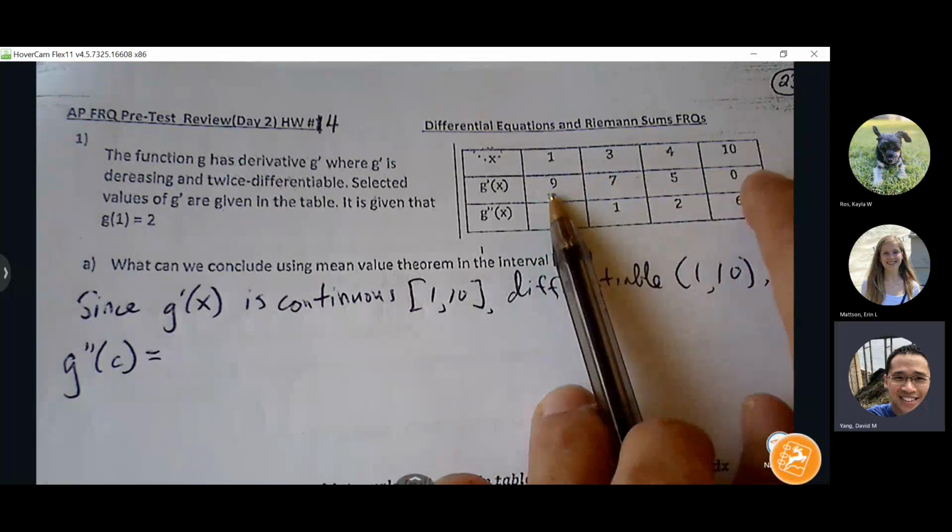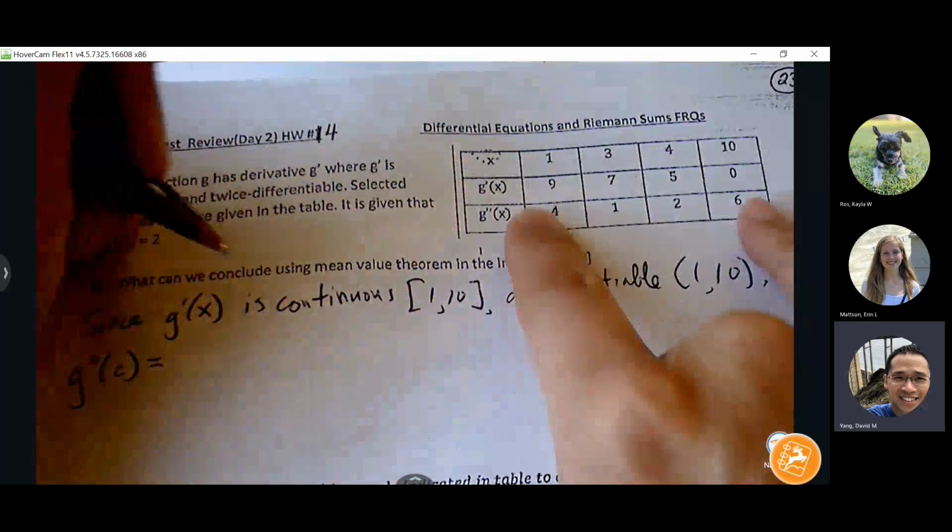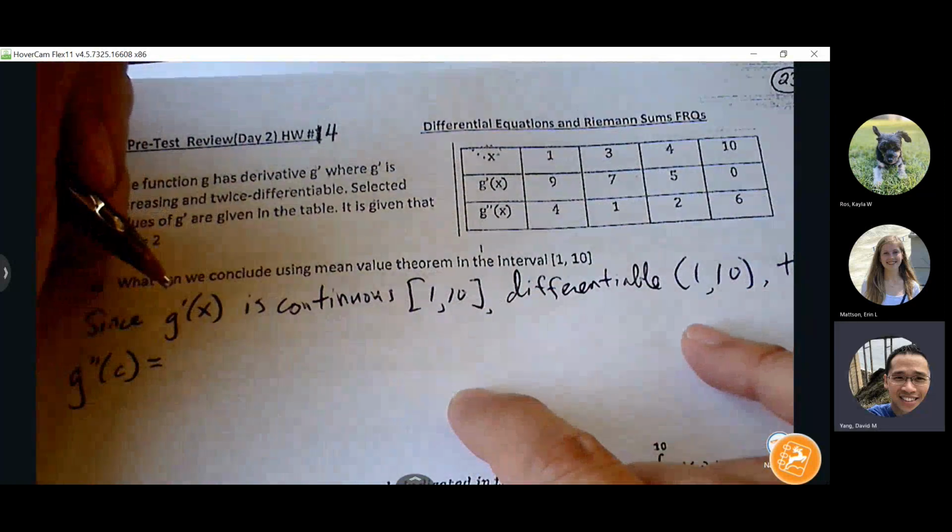Whatever we get from the slope of g prime, we know has to show up on the g double prime. So change in g prime over change in x.